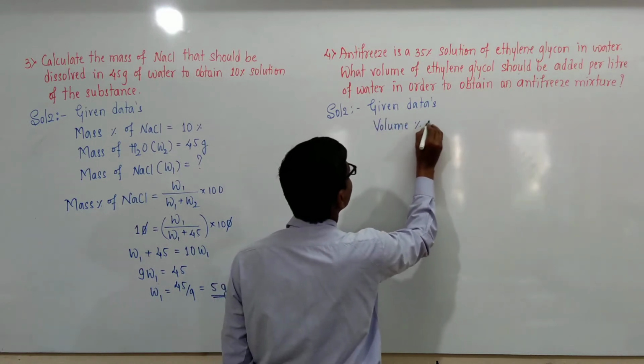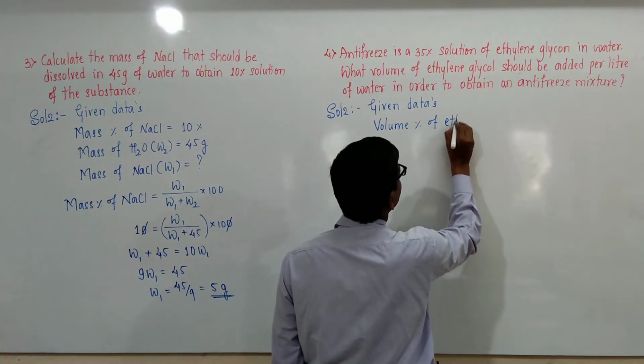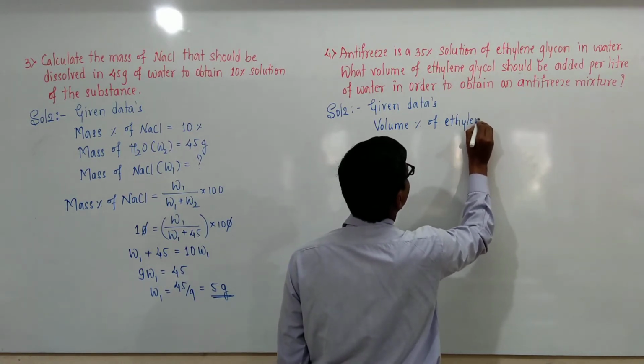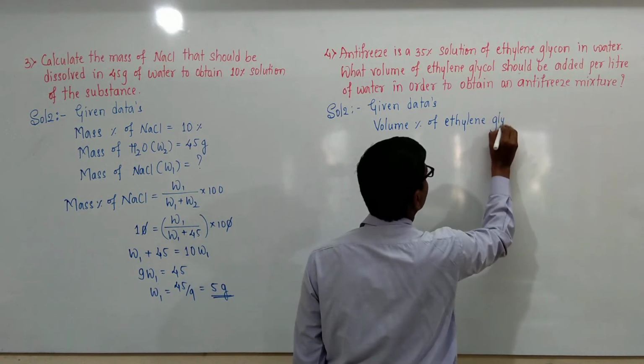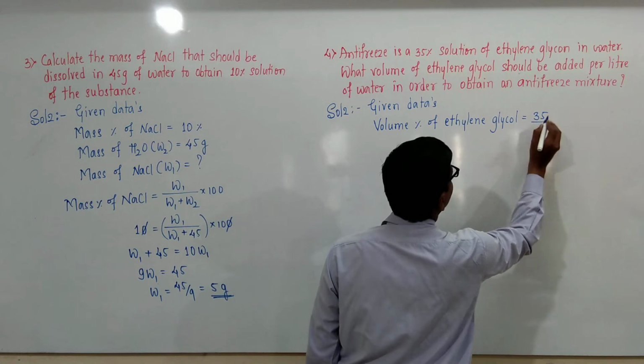Volume percentage of ethylene glycol, that is 35%.